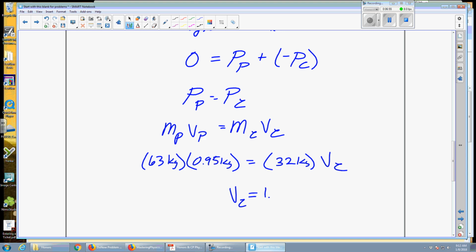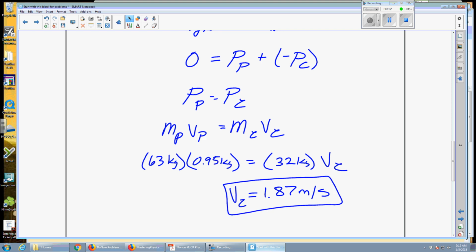And I got 1.87 meters per second, which makes sense. Their momentums have to be the same, and if I have a lower inertia, that means I'd have a higher speed. Yay! And then, of course, I'm pretty sure if you can do part A with me, you can do parts B and C on your own.